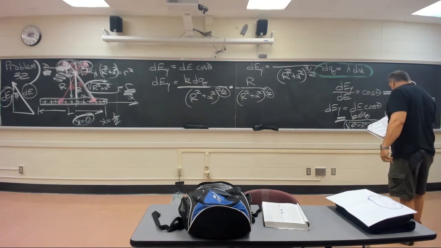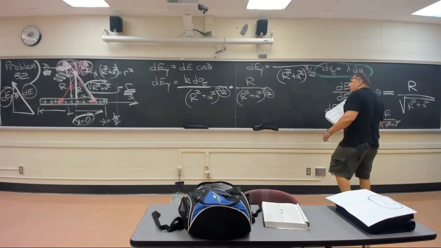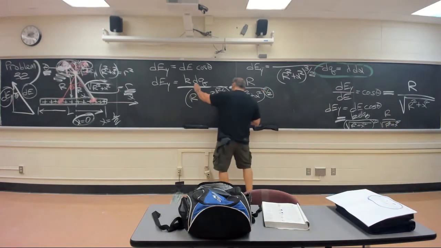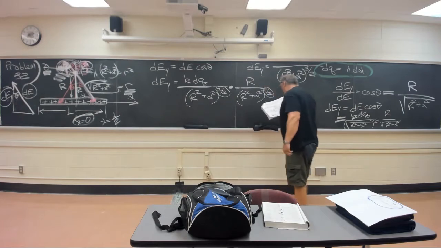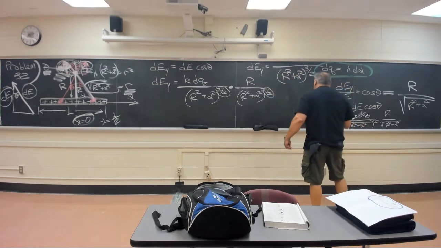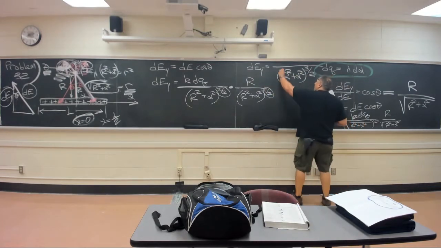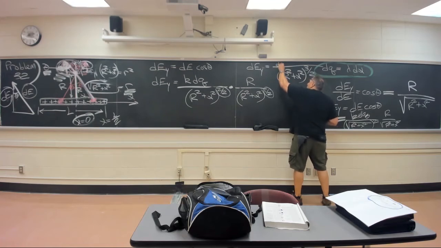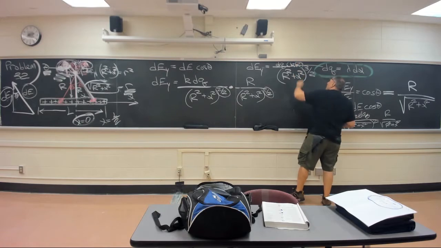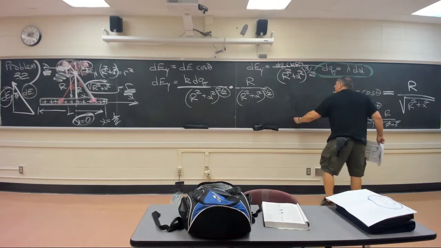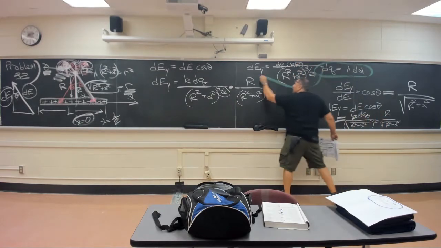Let me just make sure we got it right. Okay. And we said we got the k dq, k dq r. So dq kr, there's a whole bunch of ways you can go here. dq times kr. I'll probably write that again too, man.